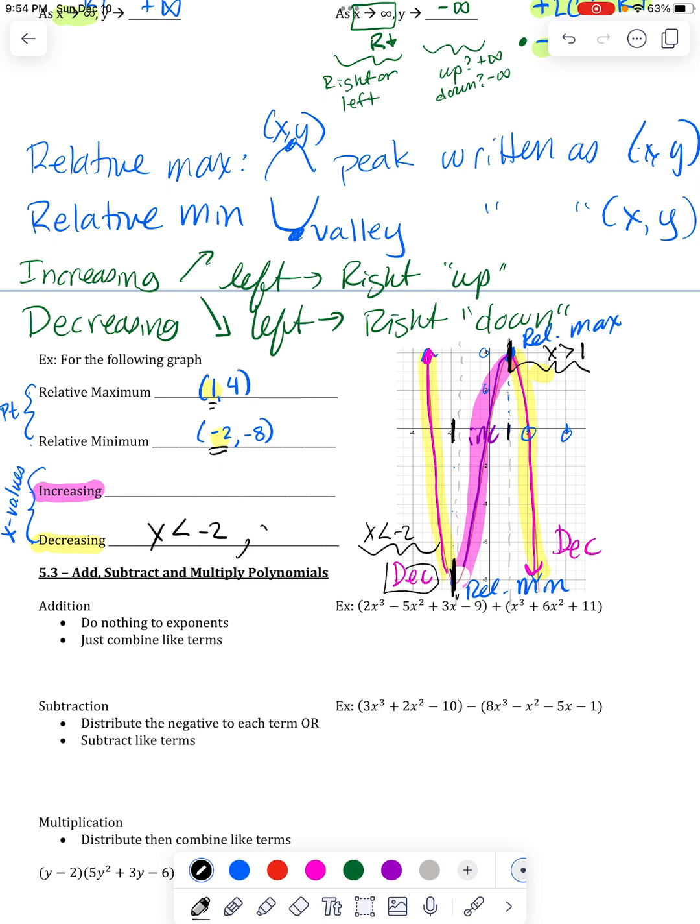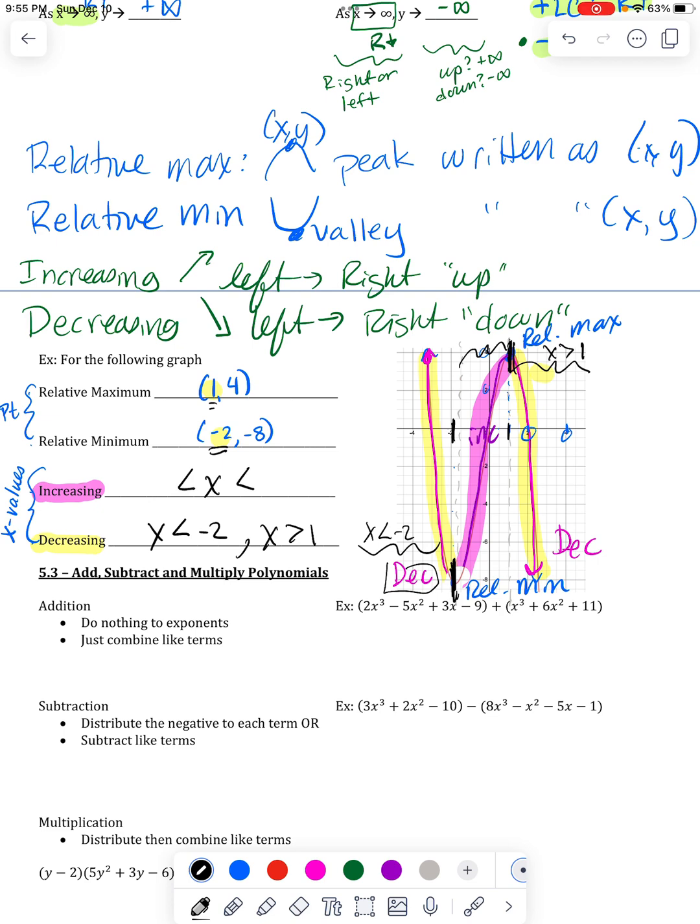So in these two regions where x is less than -2, and again where x is greater than 1, it's decreasing. It's increasing in between my relative min and max. And when you have an in between, you're going to have your x in between. Alligator mouths always opening to the right.